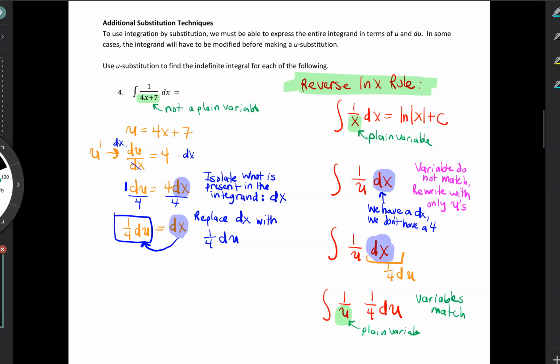Technically it matches my template, but there is this constant that technically doesn't match, but can't we just pull that out to the front? So I'm going to say we can pull out a constant to fit the template. Exactly.